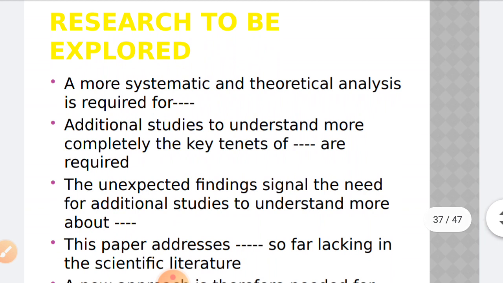Research to be explored: a more systematic and theoretical analysis is required for so and so. Additional studies to understand more completely the key tenets of so and so are required. The unexpected findings signal the need for additional studies to understand more about X, Y or Z. This paper addresses dash so far lacking in the scientific literature.